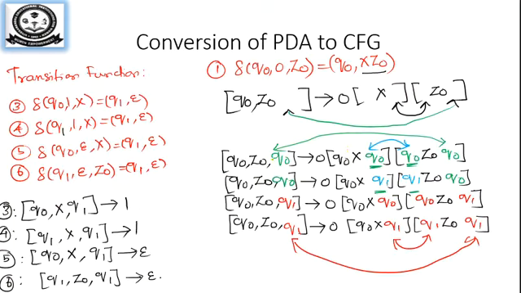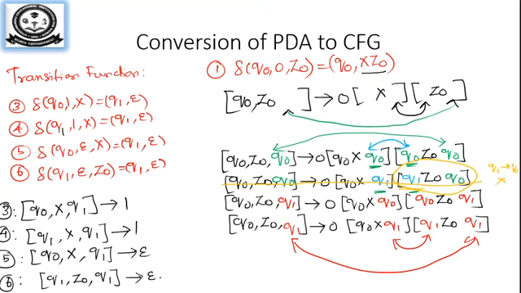Similarly, here also you can see Q1 to Q0 we have a transition, hence this production rule also will not be taken. So I will write here, since Q1 to Q0 not possible. Okay, so we have cancelled it.